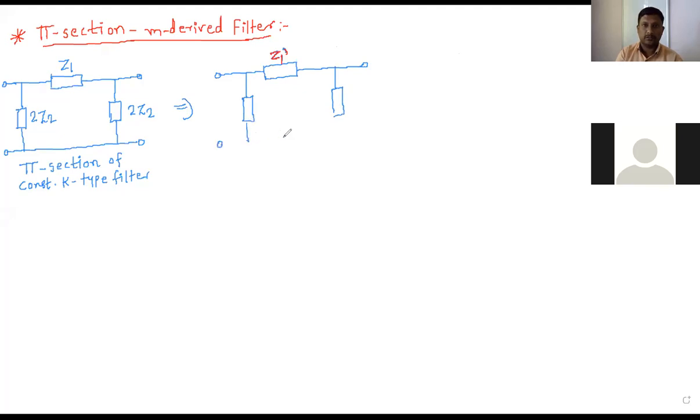And with respect to shunt arm in the pi section, it becomes 2Z2 divided by M. So M factor is divided here for the shunt arm. So this is the pi section of M derived filter.